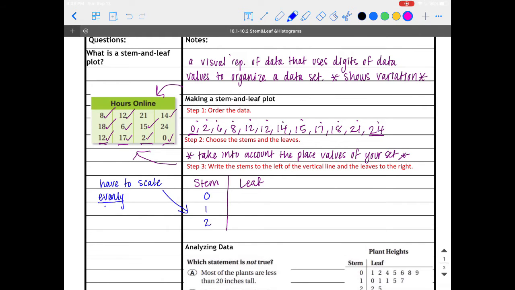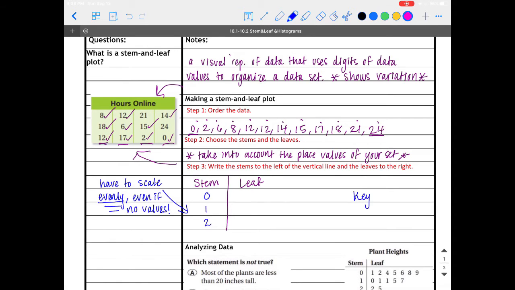And that will let us show if there are any gaps in our data also. So you have to scale evenly, even if there are no values.